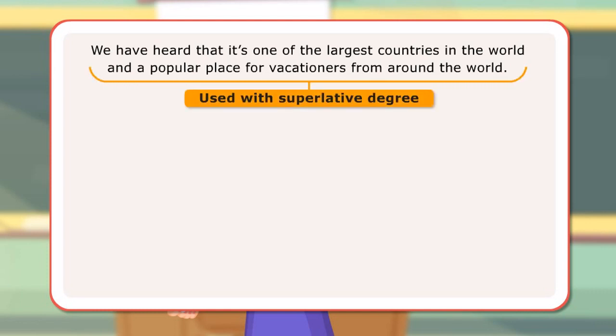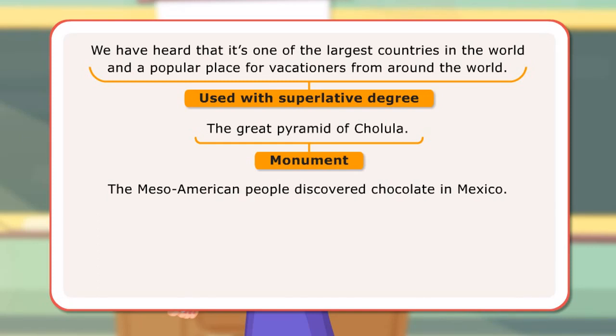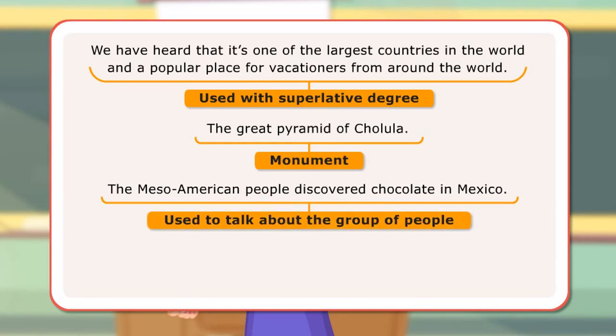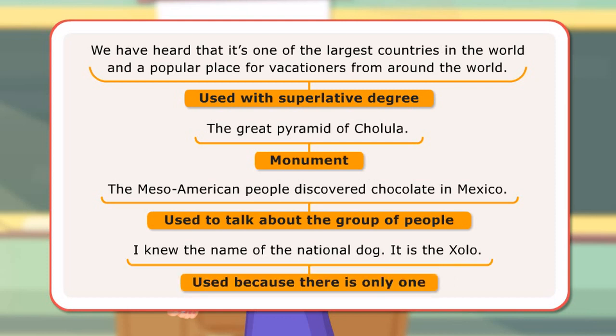Used with superlative degree. The Pyramid of Cholula. Monument. The Mesoamerican people discovered chocolate in Mexico. Used to talk about the group of people. I knew the name of the national dog. It is the Xolo. Used because there is only one.